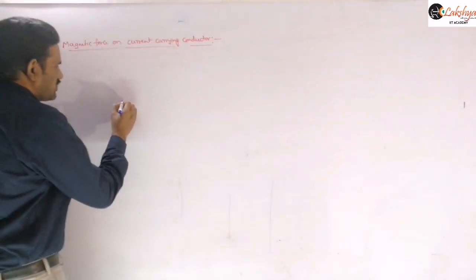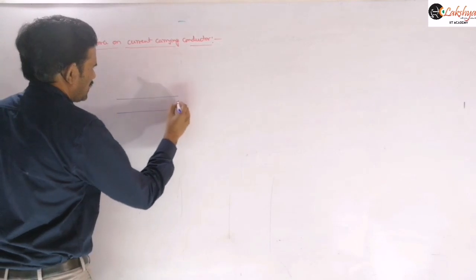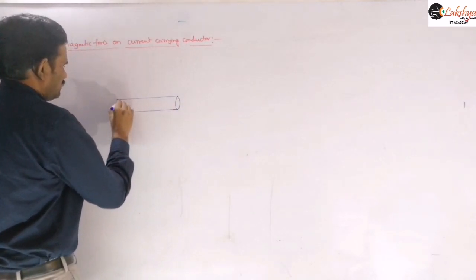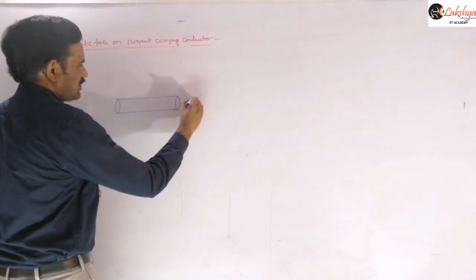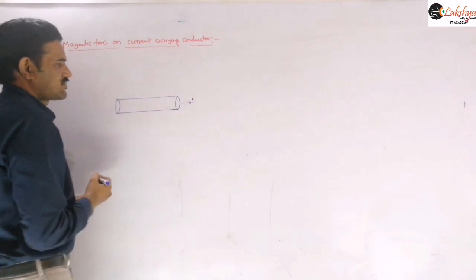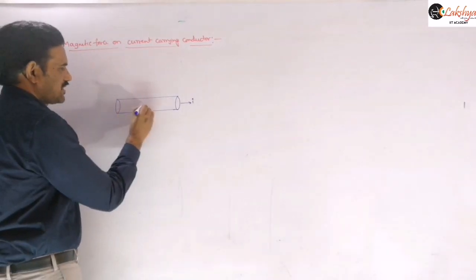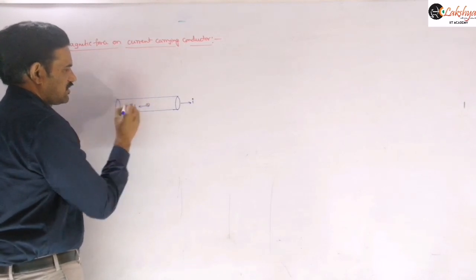Suppose I am taking a current carrying conductor here, and let us say current is flowing along this direction. When current is flowing in this direction, the electrons will flow in the opposite direction with velocity Vd.